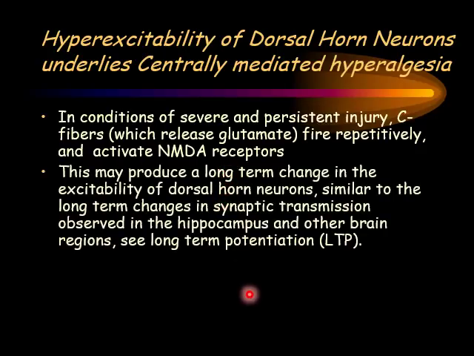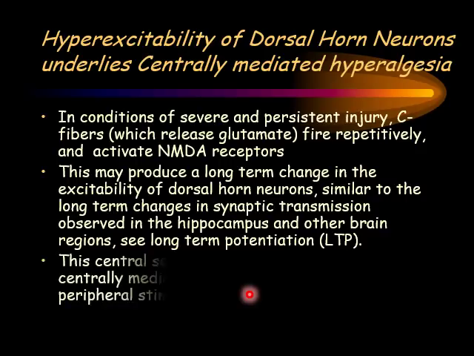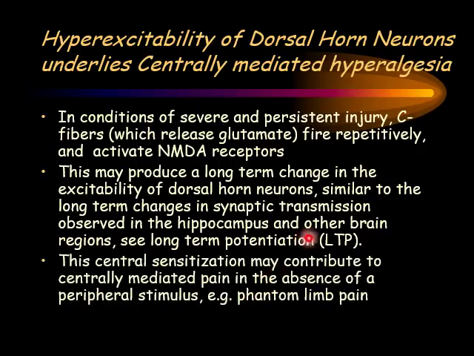And this produces a long-term change in the postsynaptic cells, similar to the changes seen in synaptic transmission in the hippocampus and other brain regions, involved in long-term potentiation, also known as LTP, a model of learning and memory.